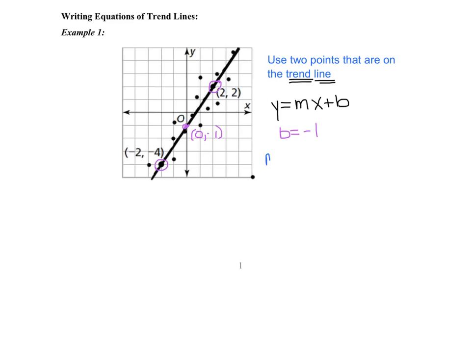Next, you want to find your slope. In this problem, I would use the rise over run method, since a graph is given to us, it's visual. So what are we rising? We're rising 1, 2, 3, 4, 5, 6. So we're rising 6. And we are running 1, 2, 3, 4.